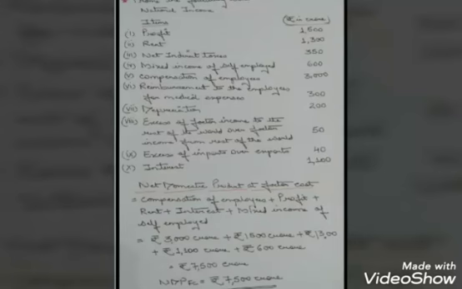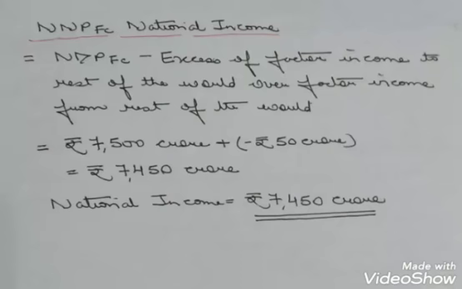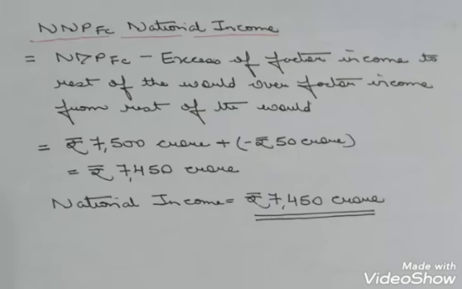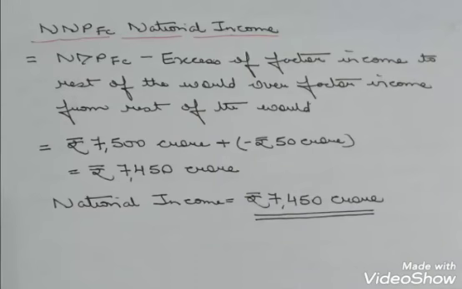Now you have NDP at factor cost, it becomes so easy to find out NNP at factor cost or national income, because you know that from NDP at factor cost, what will you be doing now, children? The thing which has been given to you over here is excess of factor income to the rest of the world over factor income from rest of the world.